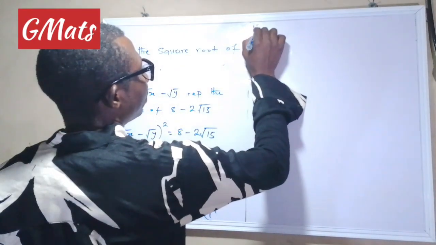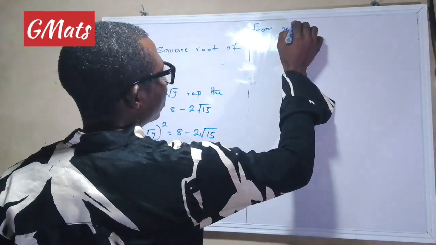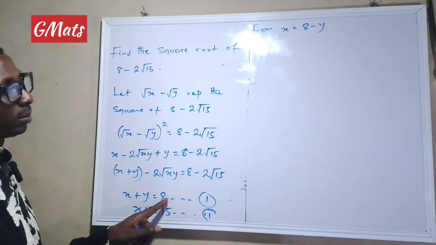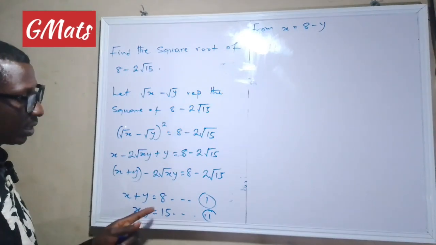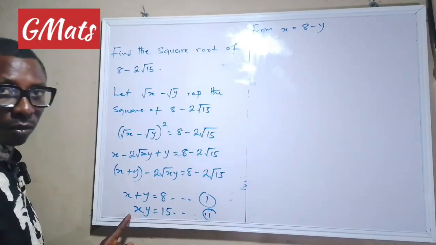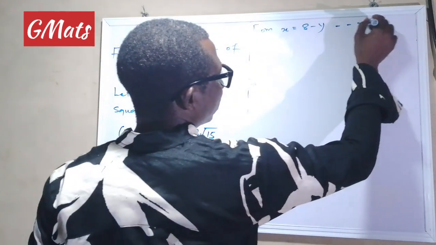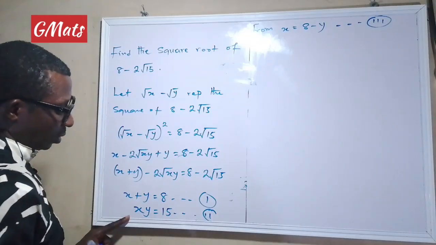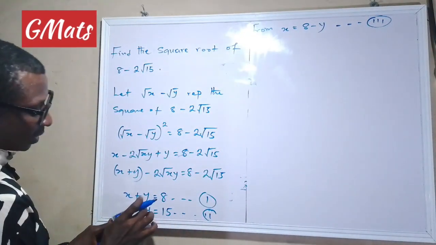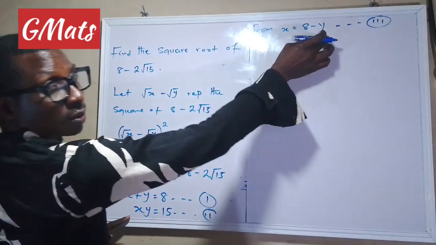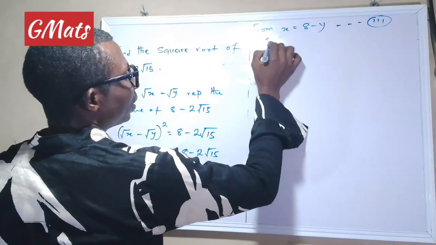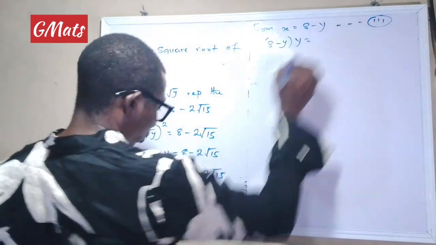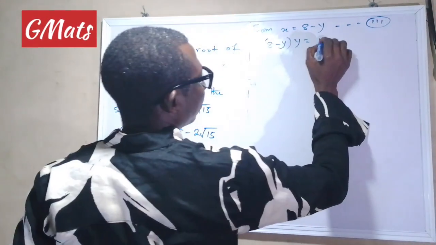So from 1, we have x equals 8 minus y. When this one moves here, that is what you have. Let's call this equation 3. We insert this into equation 2. Instead of writing x, we write 8 minus y, and we have y here equals 15.